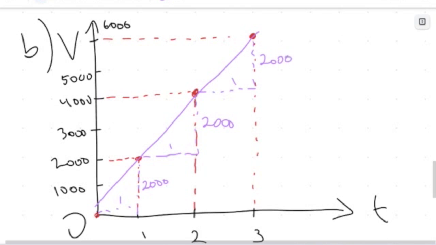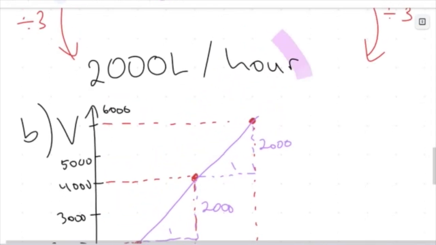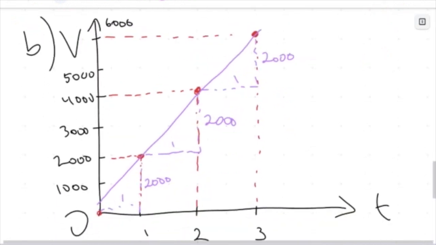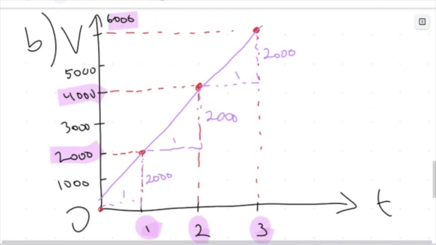This is my graph, and I did this using the rate I came up with. If it goes up 2,000 liters each hour, I can pretty easily show this by just tracking, as each hour passes, I'm going up by 2,000 liters, which we can hopefully see here.